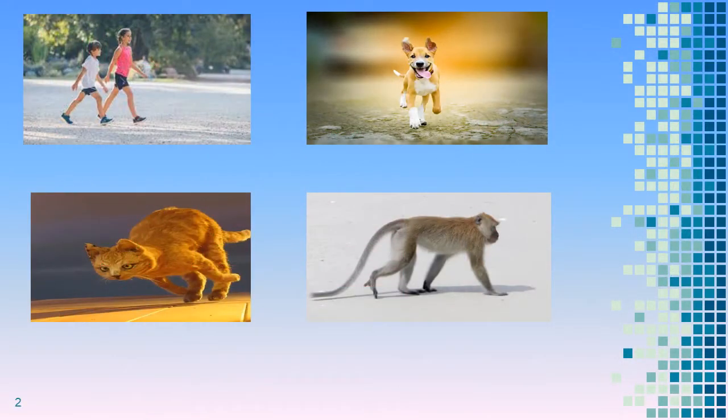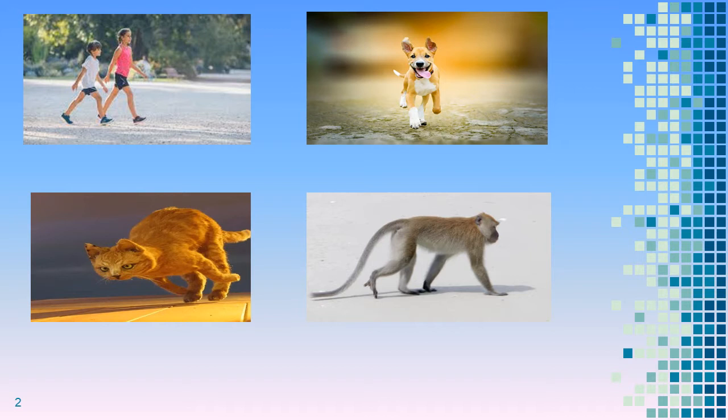All living things are able to move, but their way of movement may differ from one another. When you walk, you swing your hands and move your legs, but when a dog, cat, or monkey walks, they move in a different manner.